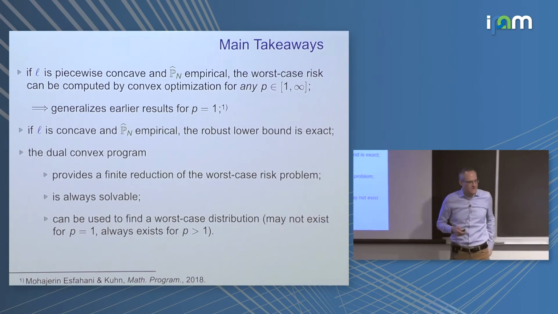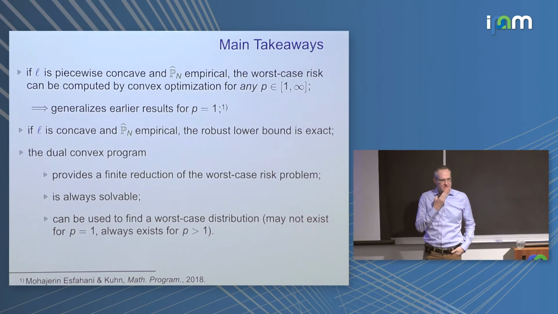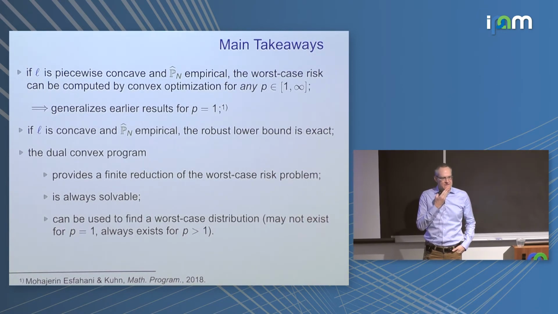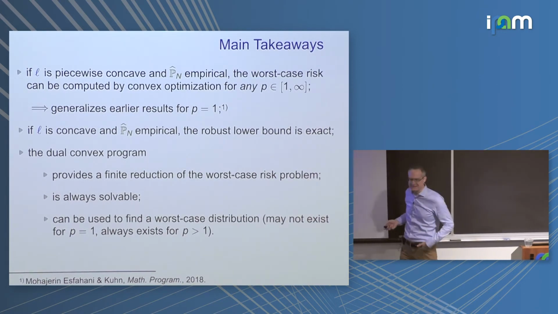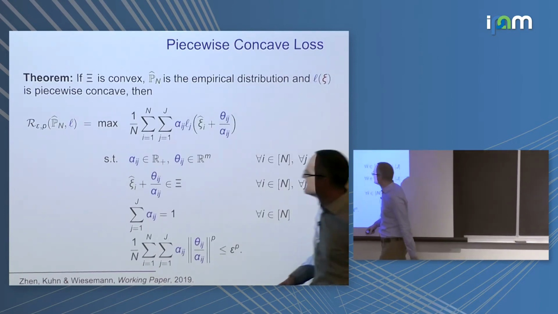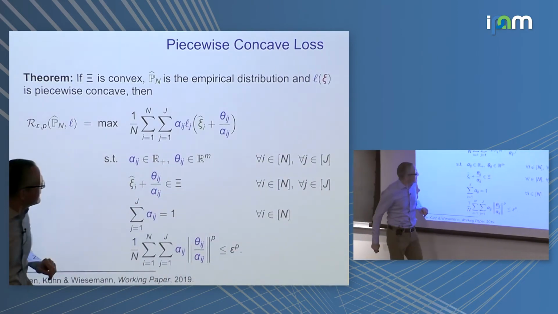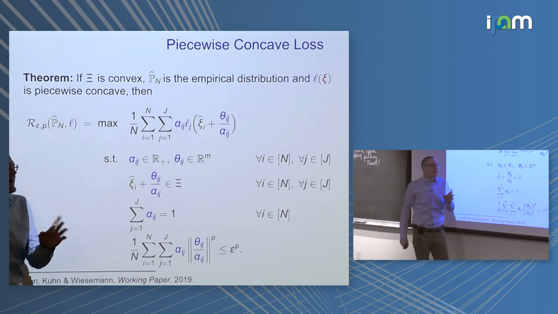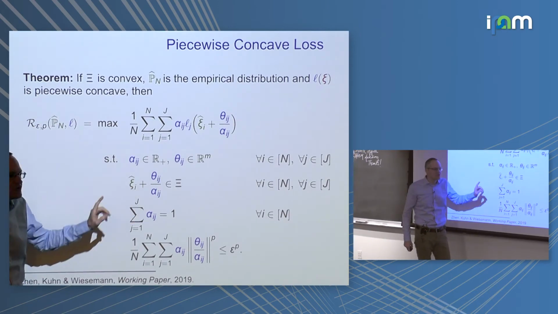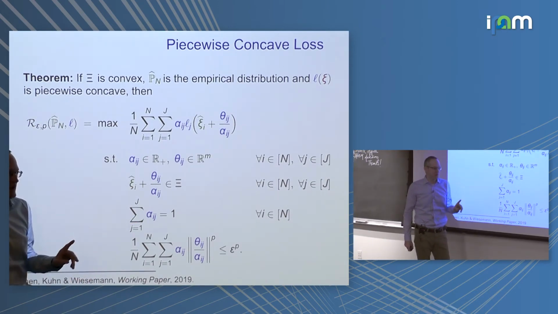Quick question. So the worst case distribution is a discrete distribution with n samples? No, it is discrete, but actually, it doesn't follow from this, but one can prove there is always a worst case distribution with n plus 1 samples.